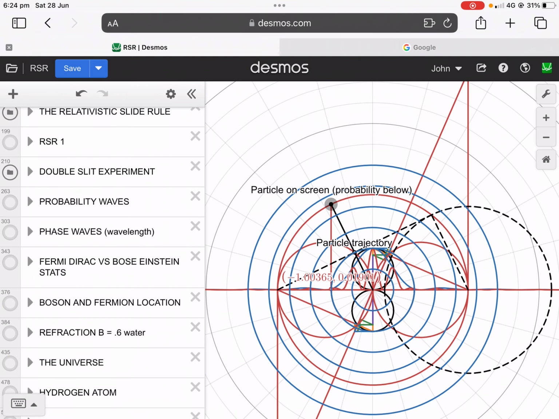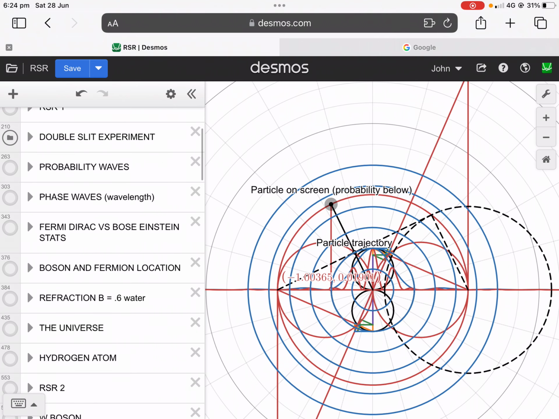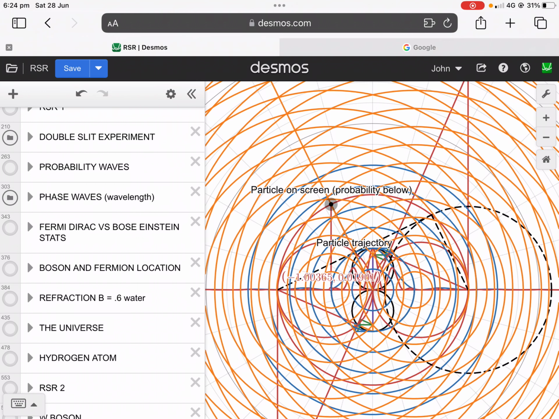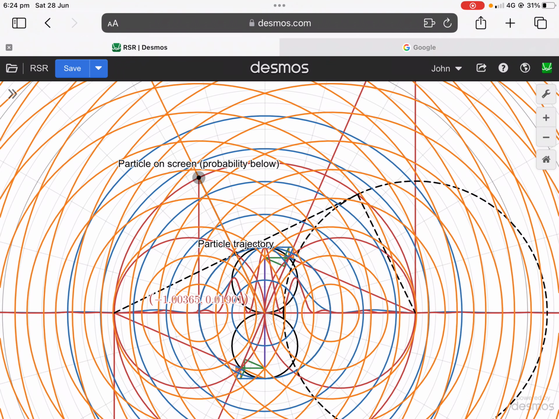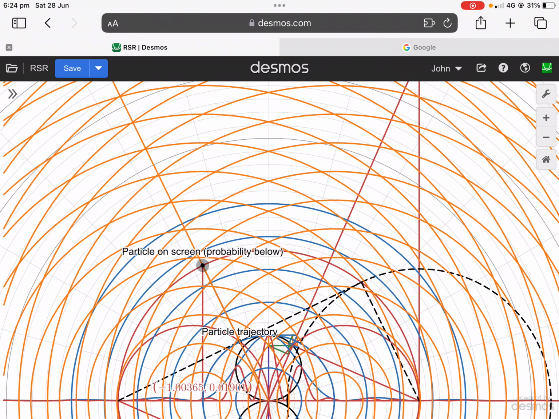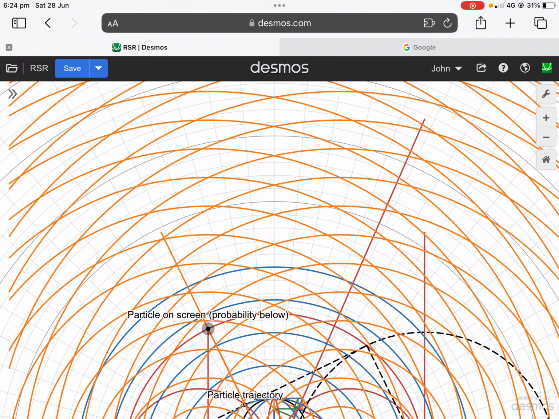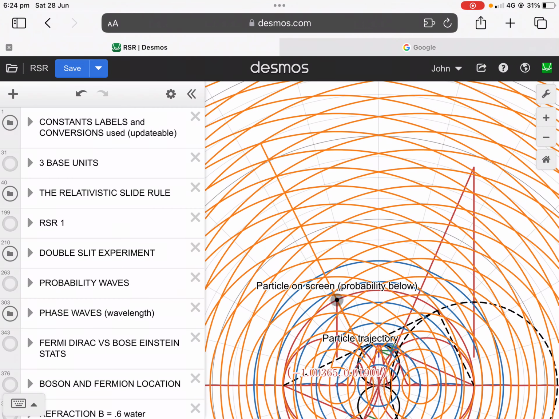And notice that the phase waves, electromagnetic waves, they also work. They give the right result in the far field. It's exactly the same result as the probability wave, even though the circles are wavelengths and they're smaller.